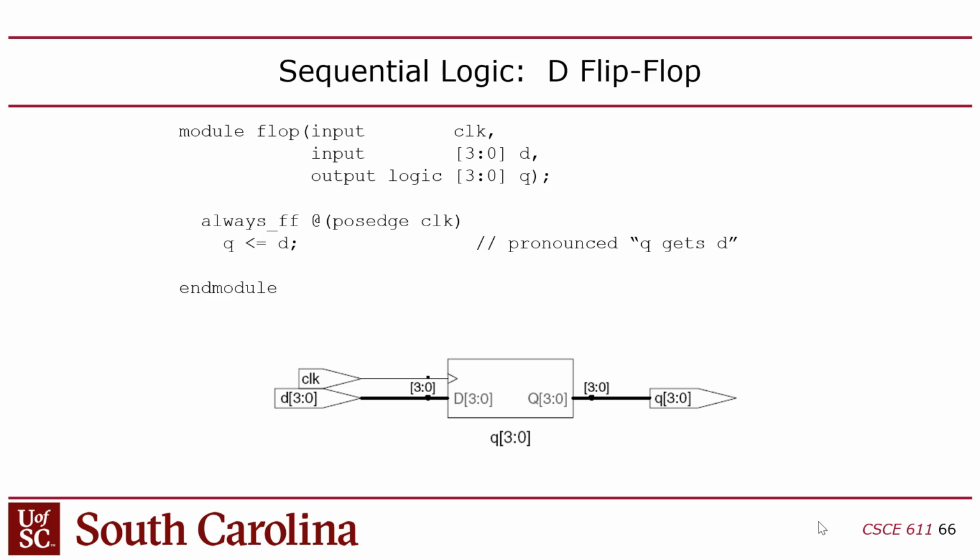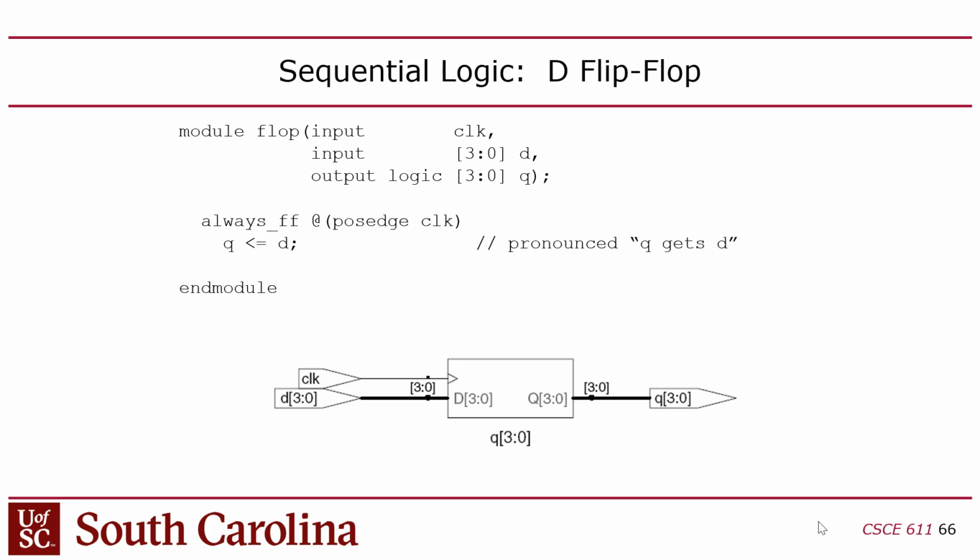This means that this will activate on the rising edge of the clock. And notice here I'm using a different type of assignment statement. You see that it says <= instead of =? So when you make sequential logic, by convention, you should use this. This is called a non-blocking assignment. I'll talk more about that in a minute, but it's not =, it's <=. It looks like a little arrow.